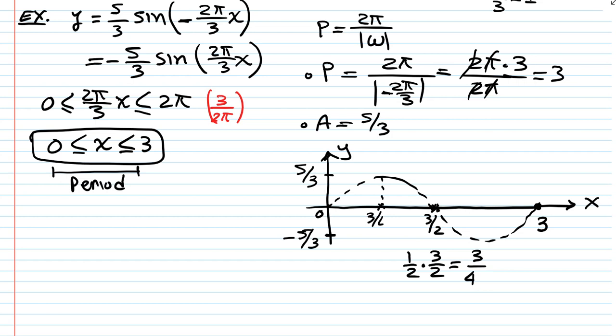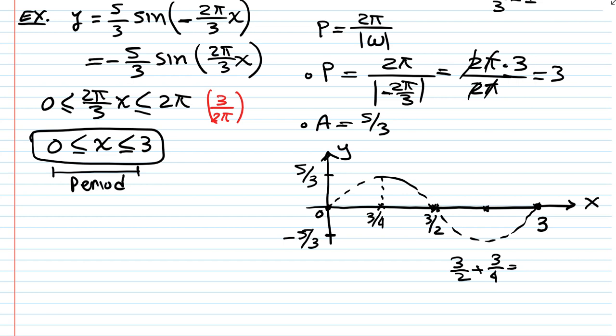That pretty much establishes the tick marks. Every tick mark here on the x-axis is 3/4. So I got 3/4 and then 3/2. That's 3/4 plus 3/4. And then you add 3/2 and 3/4 to get the next key point here. Remember, we need 5 points. 1, 2, 3, 4, 5.